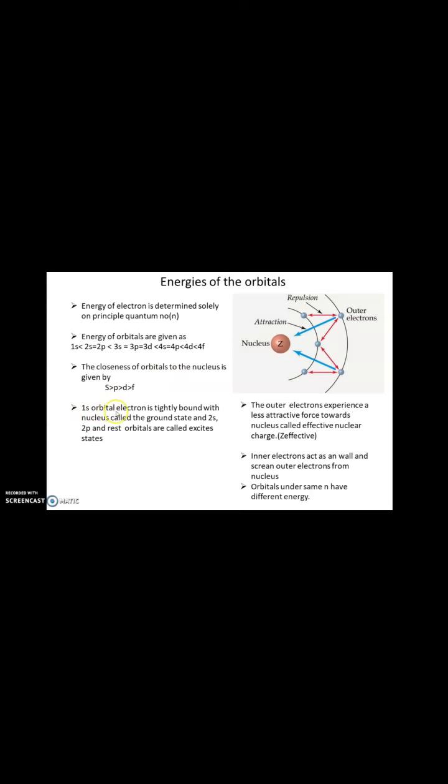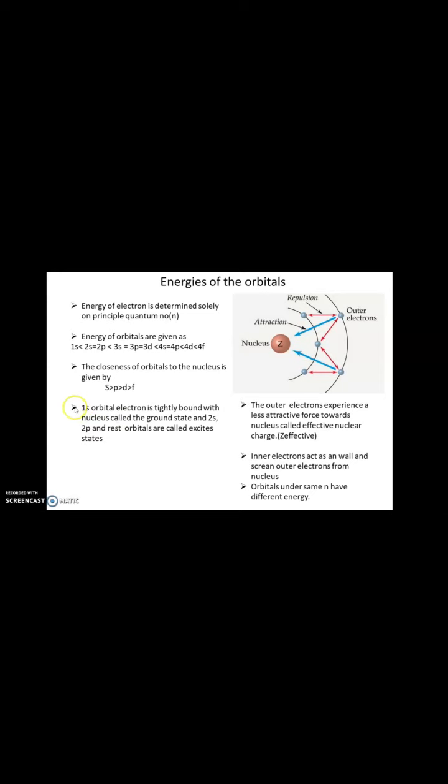That is why the energy of the electron in the 1s orbital is the lowest, and why the 1s orbital is called the ground state, or ground energy state, for the electron.